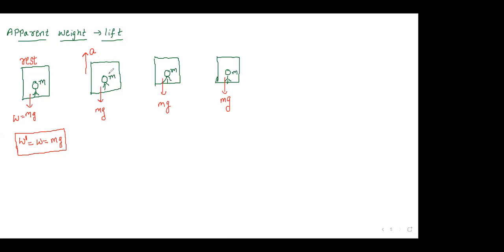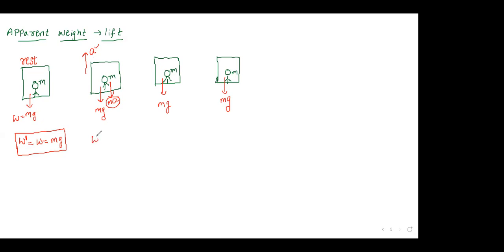No, sir. The person will stay at rest only. The lift is taking up. So some additional force is acting on the body to balance this additional acceleration. So what is that additional force? MA.